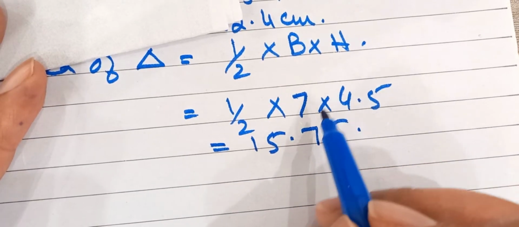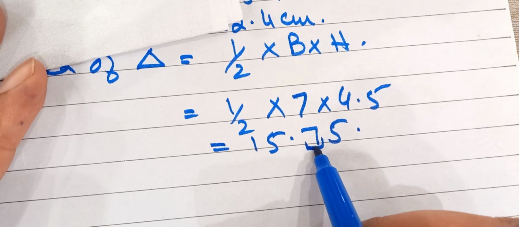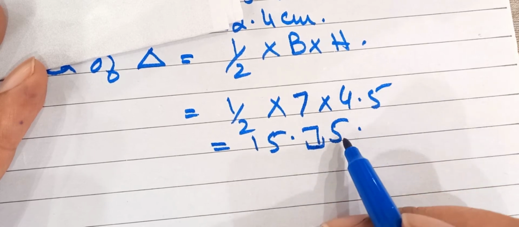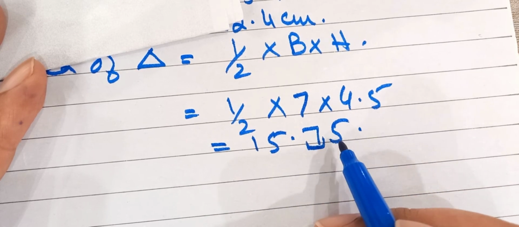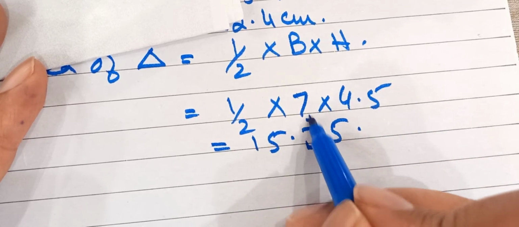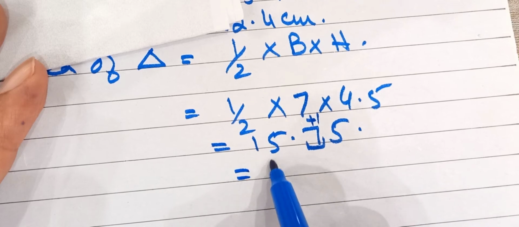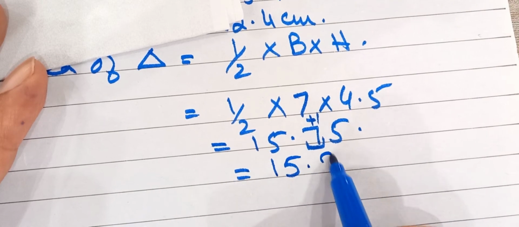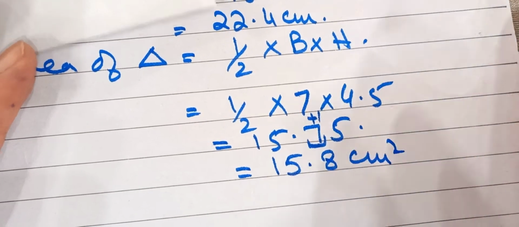If I round it off to one place of decimal, I have to look at the next digit, which is 5. If it's 5 or more than 5, 1 is added to this number, so this becomes 15.8 centimeters squared, which is the area of the triangle.